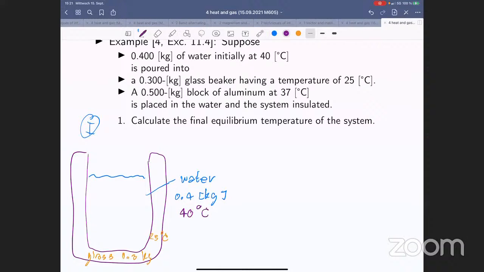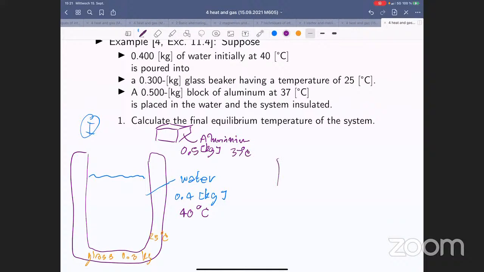All right, and you have a piece of aluminum too, right? Like that. And this is aluminum. Now the mass of this one is 0.5 kilogram. And the initial temperature is 37 degrees.